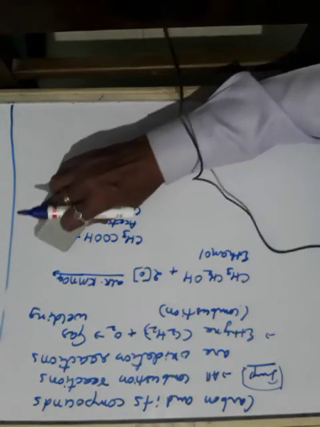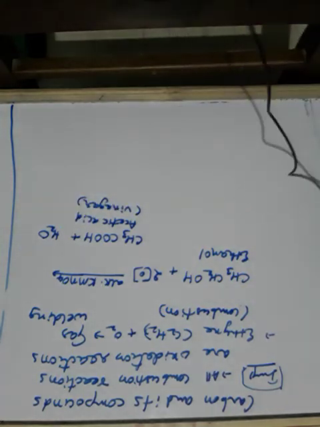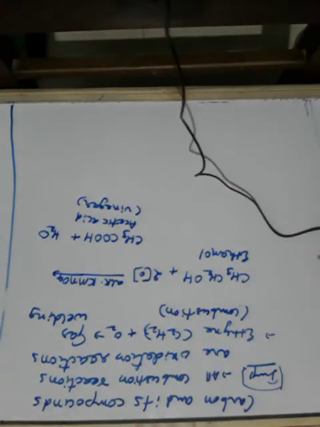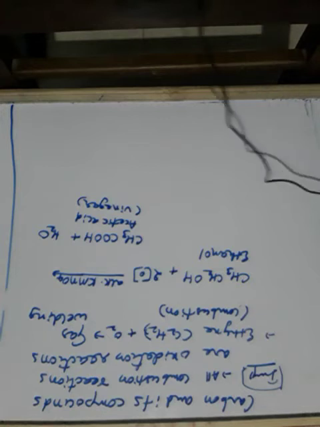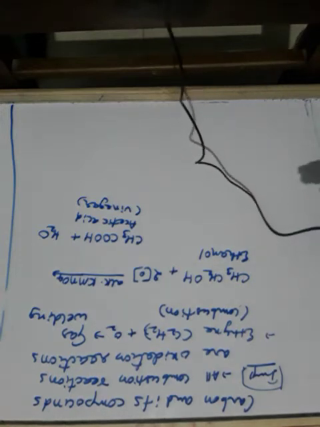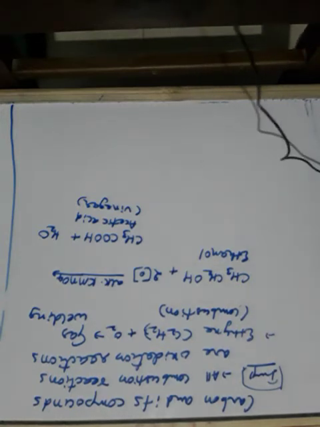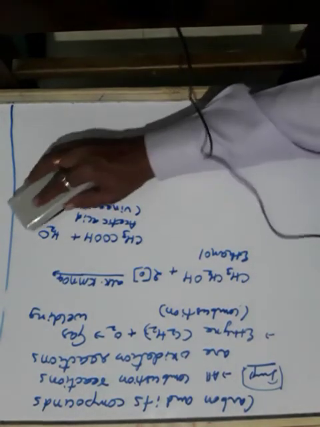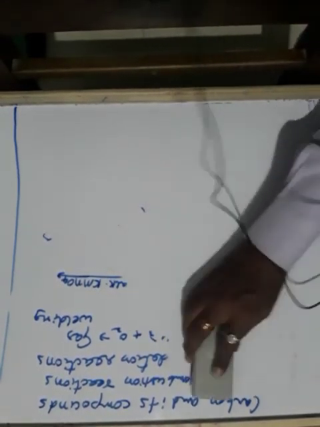Okay, so this is how. You should not think hydrocarbons always just burn and pollute the environment. Not like that. They are useful if they are controlled, and we are able to get a number of useful products from the combustion of hydrocarbons.